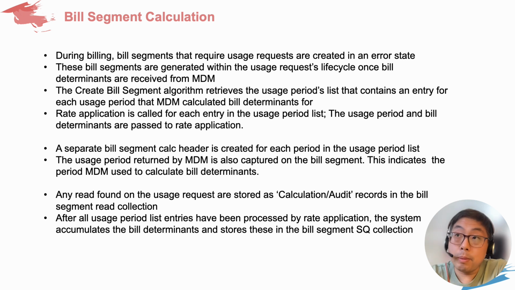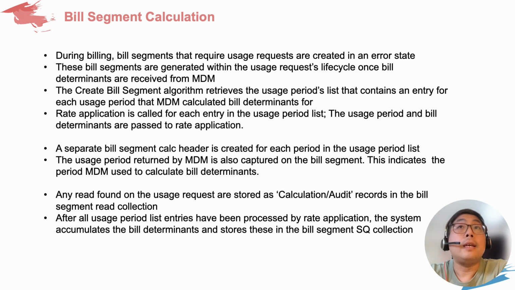Okay, so remember we talked about the bill periods. If you have a date break, normally it comes back with separate bill segment usage periods. Similarly, if MDM has, say, a meter exchange, it comes back with two periods as well.